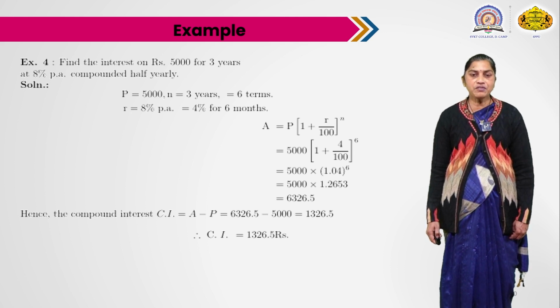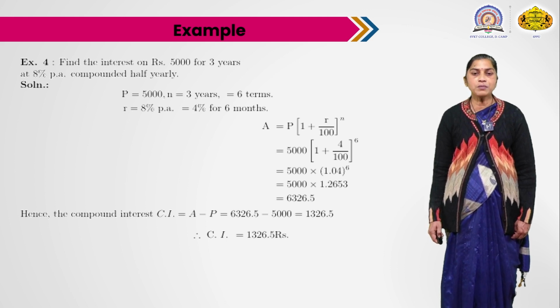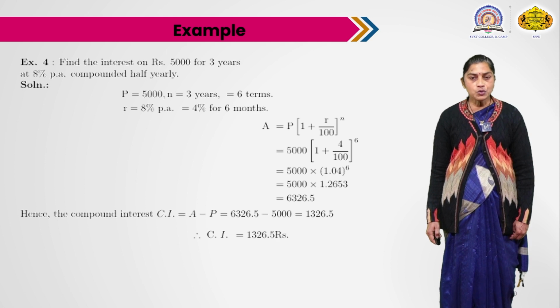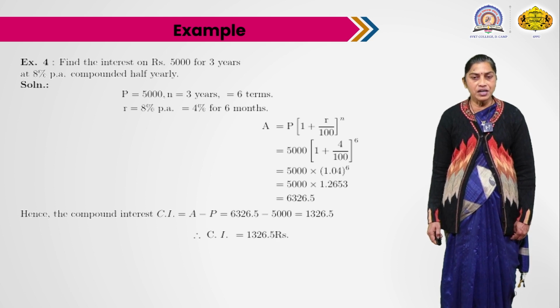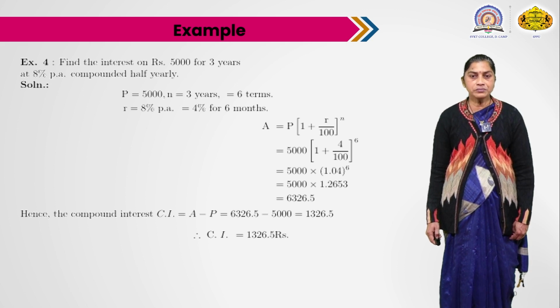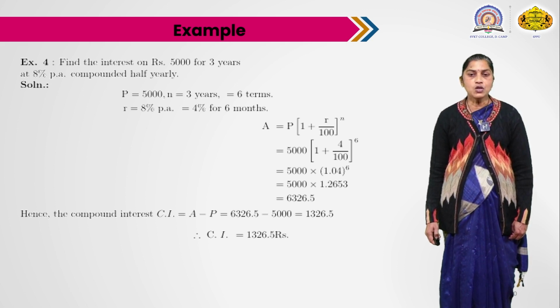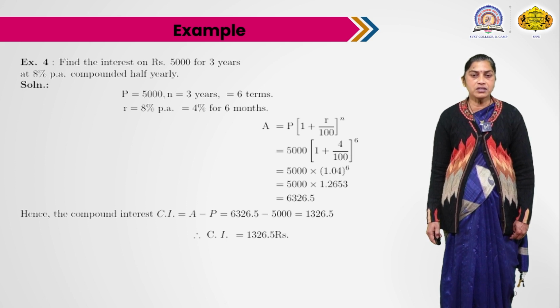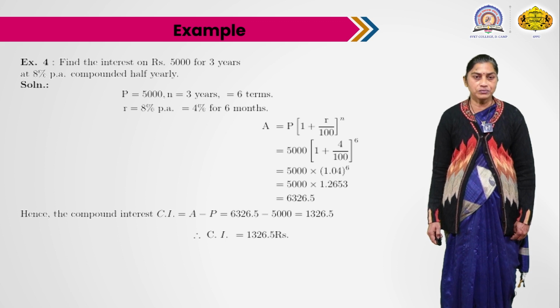When we multiply it by 5000, we get 6326.5. This is the amount. If you want to find the compound interest, it is always equal to amount minus principal. Amount comes to be 6326.5 minus the principal, which is 5000. So the total compound interest comes to be 1326.5.